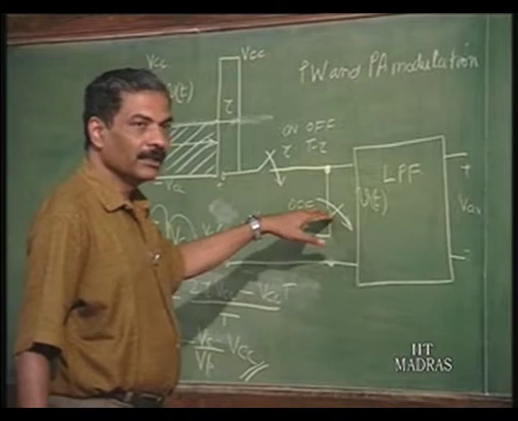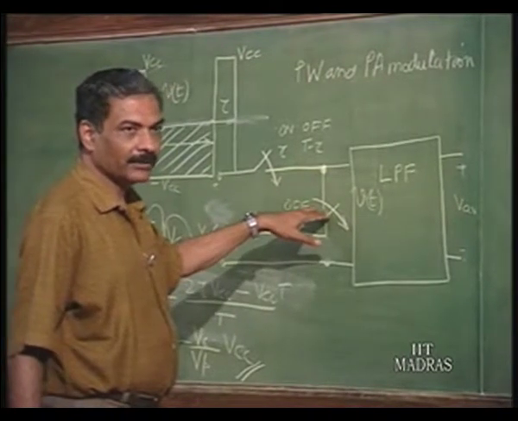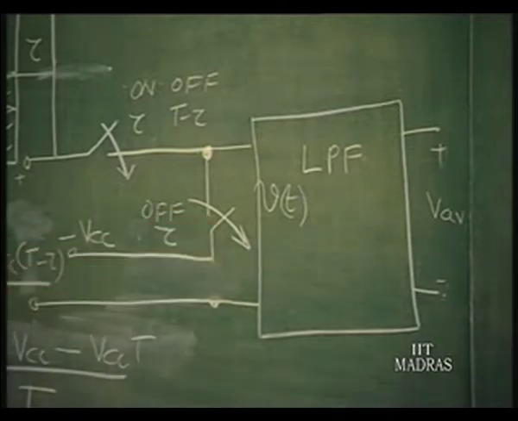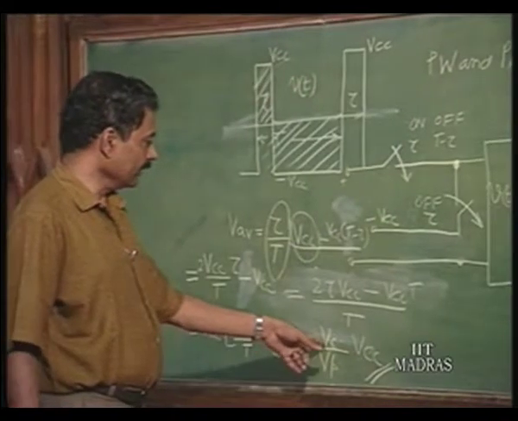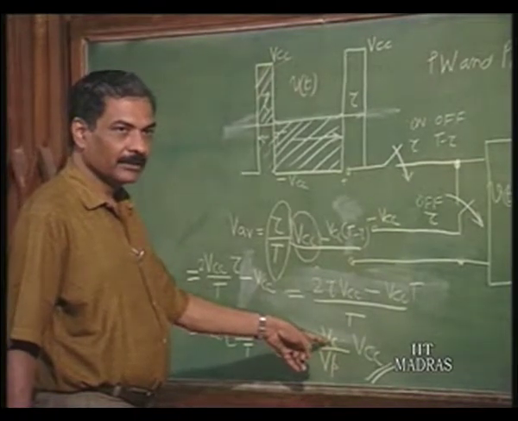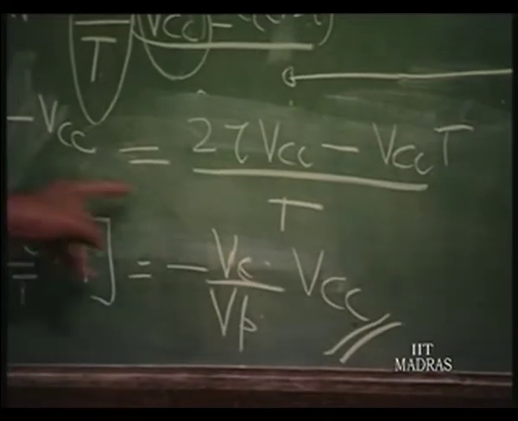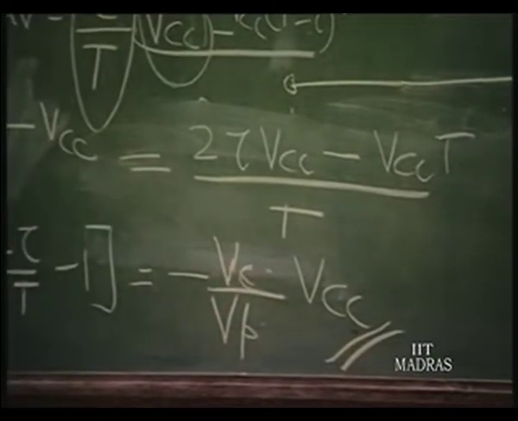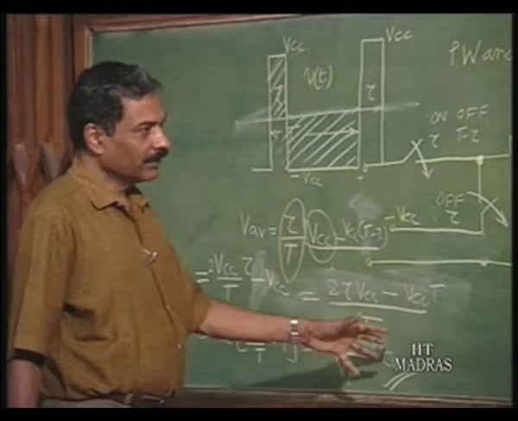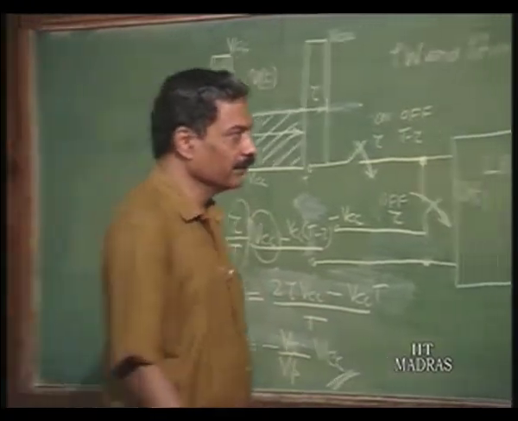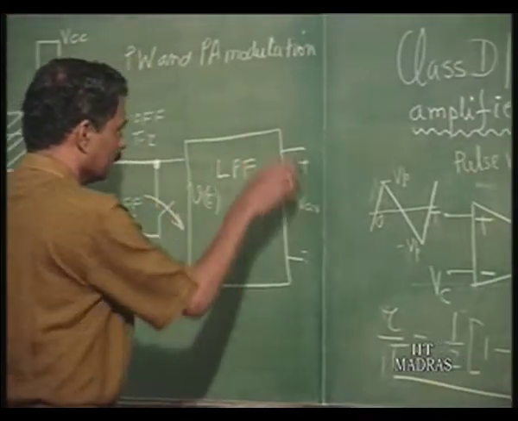This will be open when it is high and closed when it is low. In such a situation, I get an output which is an average which corresponds to this. Here, when Vc changes sign, the output also changes sign. So, if Vc is a sine wave, the output also is a sine wave. So, you can get output power if you take the average of this waveform here.